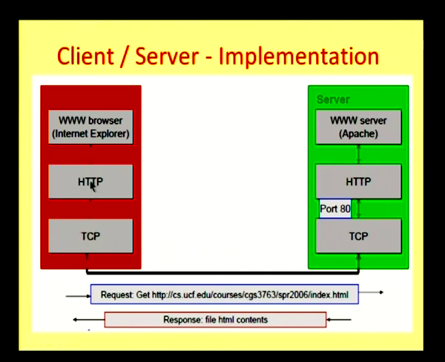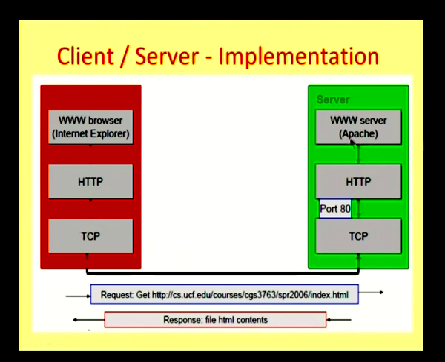HTTP in turn uses TCP and the request is sent through the TCP protocol, and HTTP also has a port address. The port address is the actual address through which the particular service is recognized, and then you have the World Wide Web server.